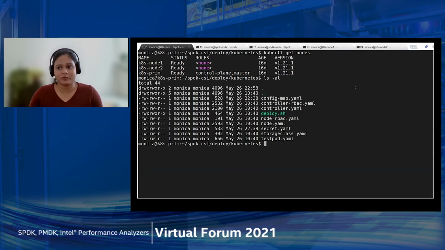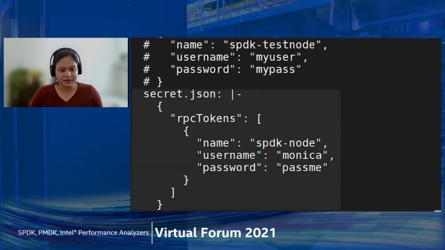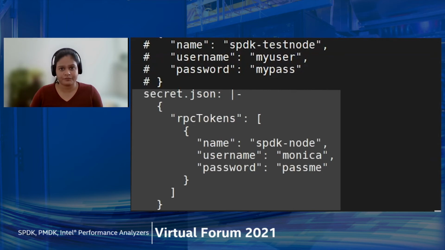Let's look at some of the YAML files in order to confirm that. The config map YAML file contains the IP address of the SPDK storage node. The secret YAML file contains the credentials of the SPDK storage node.